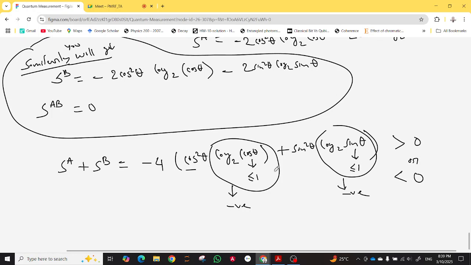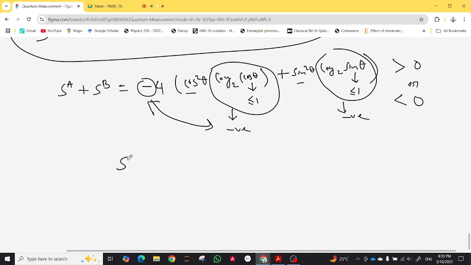Cos square theta is positive, sin square theta is positive, and here is this minus 4. So this negative and this negative will make everything positive. So SA plus SB will be greater than 0.